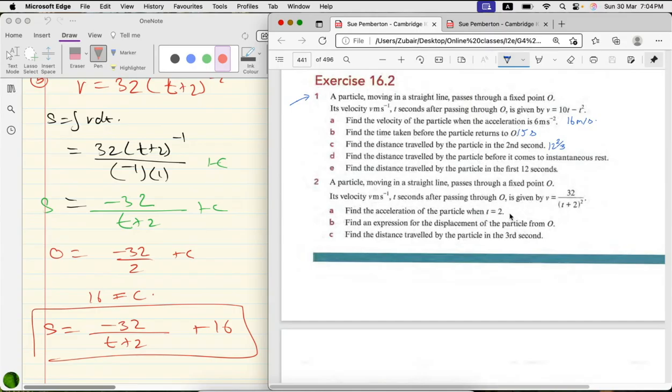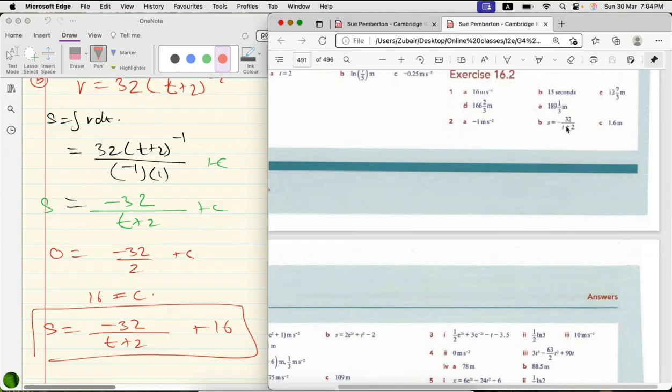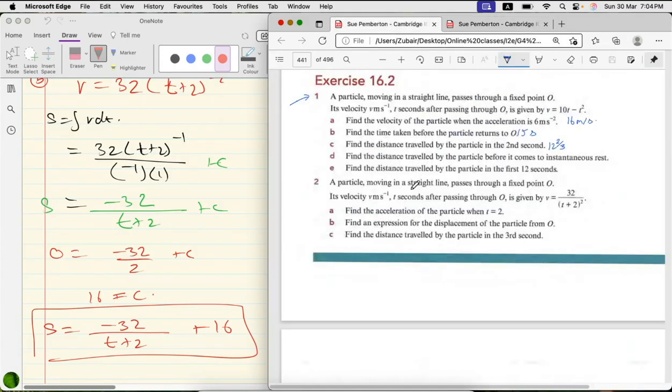At time 0, displacement must be 0. Why is the value c missing? Minus 32 over t plus 2, and c is missing.